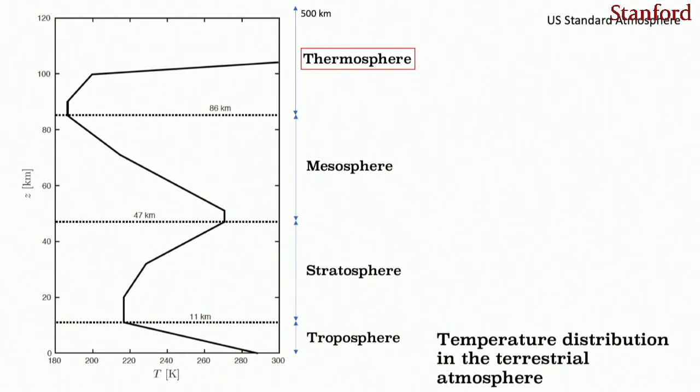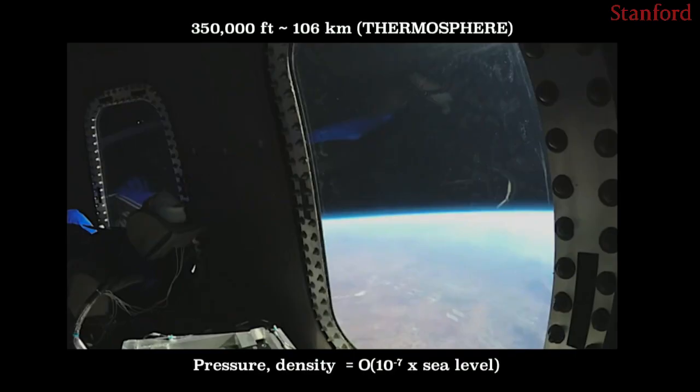For instance, here is one picture taken from the mesosphere in this Blue Origin mission with a dummy astronaut that you can see there, and this is the view from the capsule. Here the pressure and the density have already decayed to 10 to the minus 7 times the values at sea level. So this is a very unforgiving environment where you can already see the curvature of the Earth very clearly.